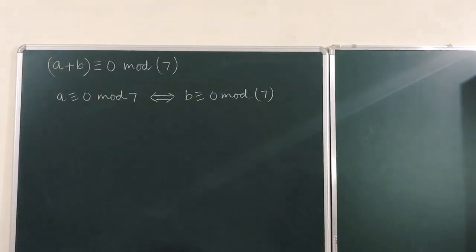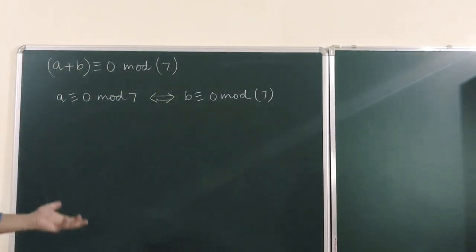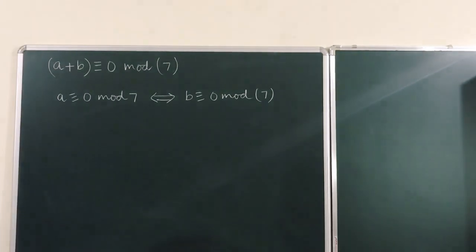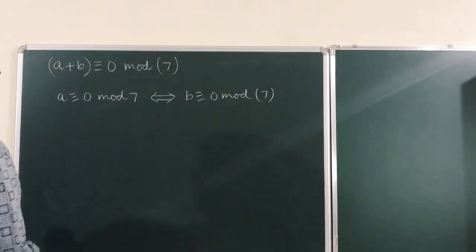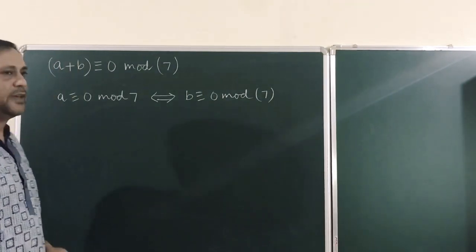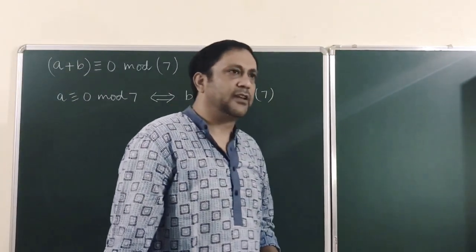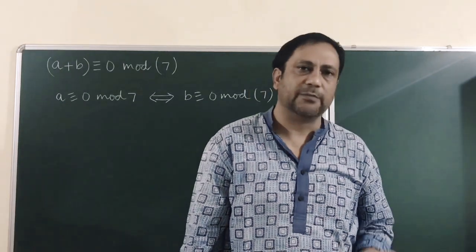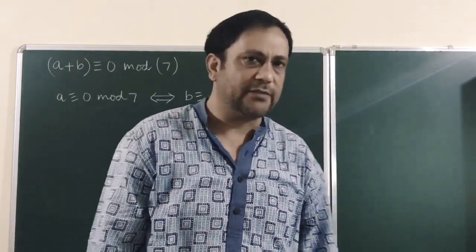So if any one of them shows this character, the other has to be true for that. The same thing we can observe with the difference of two numbers. If a minus b is divisible by 7 and a is divisible by 7, then b has to be divisible by 7.